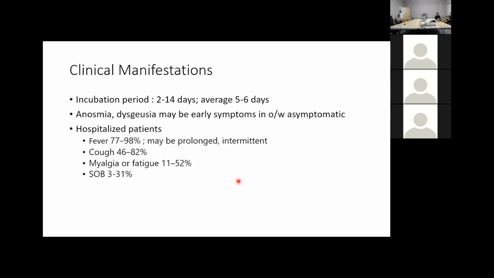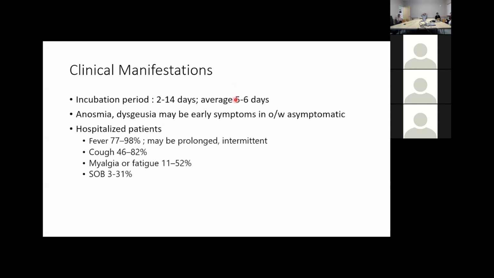So loss of smell or altered smell and altered taste are now being reported as early symptoms of COVID that might be appropriate triggers for testing even before respiratory symptoms. So even before they have any upper or lower respiratory symptoms, they may start experiencing loss of taste or altered taste or loss of smell.